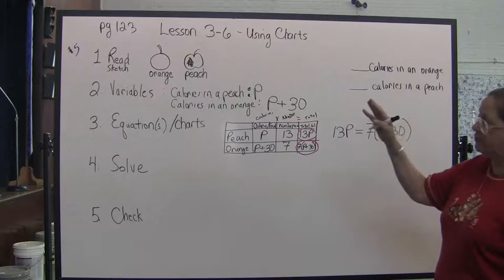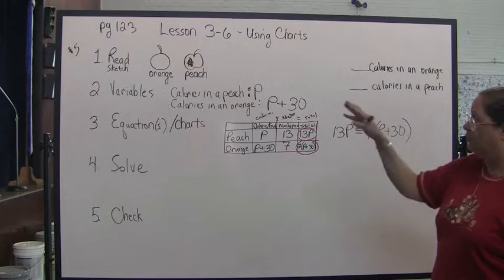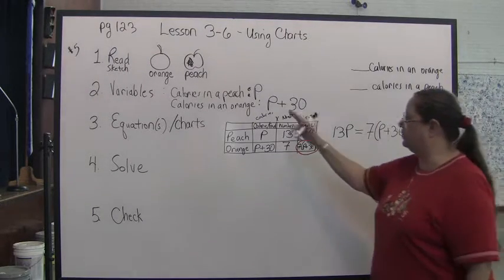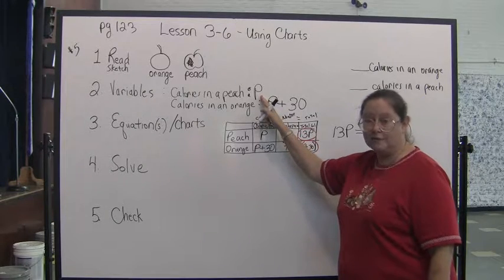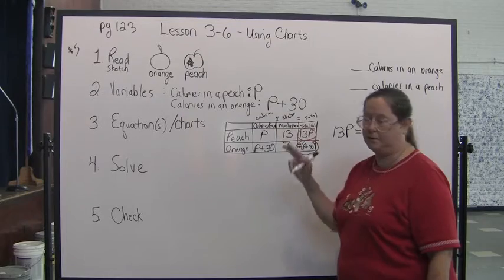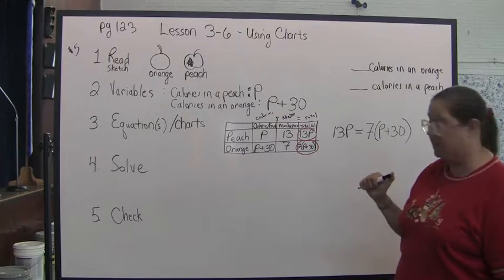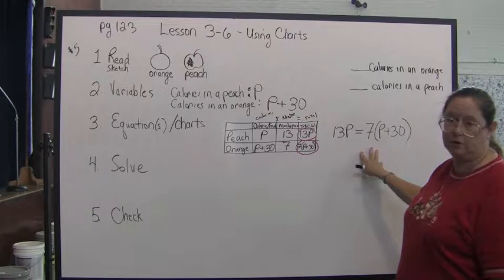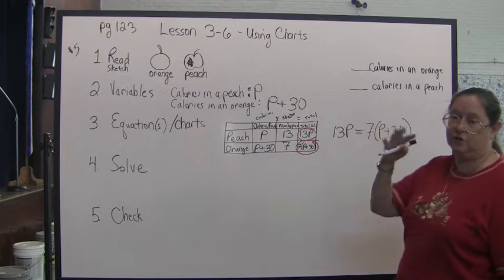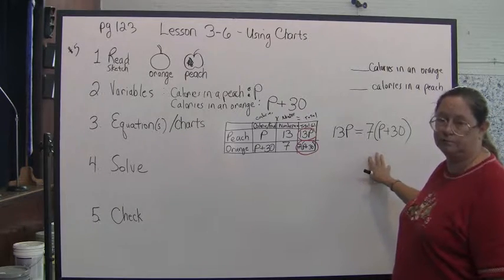Now, next step, solve the equation. So we've read the problem 4, maybe 5 times. We've picked out our variables and chosen letters that remind us of what they stand for. P is for peach. How many calories in a peach? We've organized our information in a chart and written our equation by translating the sentence in the book into mathematical symbols.